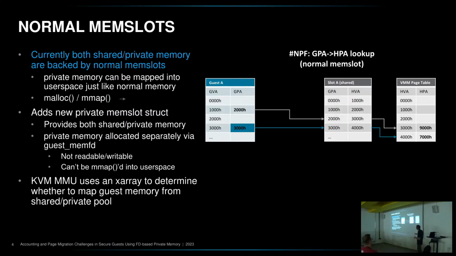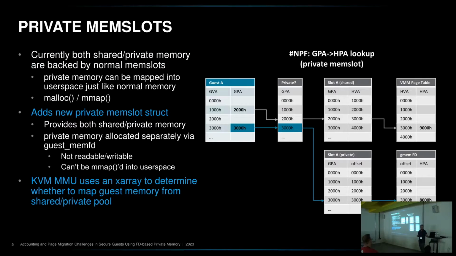And in both of those cases, if the guest tries to access that GPA, if it's not mapped into the guest's nested page table, then you'll get a nested page fault, and then the KVM MMU will look at the mem slot and figure out what host virtual address is supposed to back that guest physical address. And then from that host virtual address, KVM can find the host physical address that corresponds to the page that should be mapped into the nested page table.